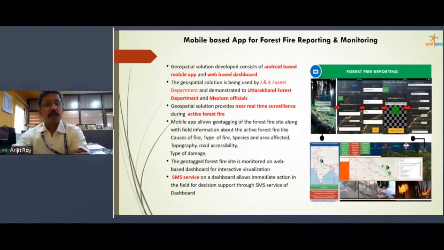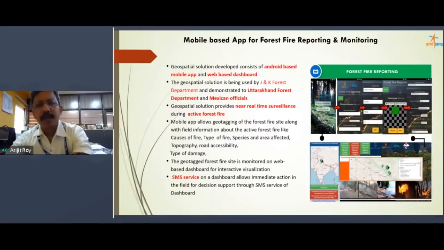So we also have a mobile-based app for forest fire reporting and monitoring, which has been developed for the Jammu and Kashmir Forest Department, as well as the Uttarakhand Forest Department, and the Mexican Forest Department has shown interest in adapting it. It's an Android-based app, which helps in reporting the fire incidences from the field.